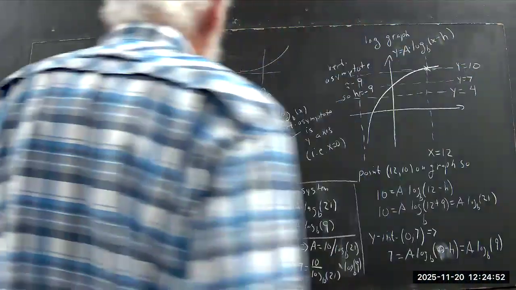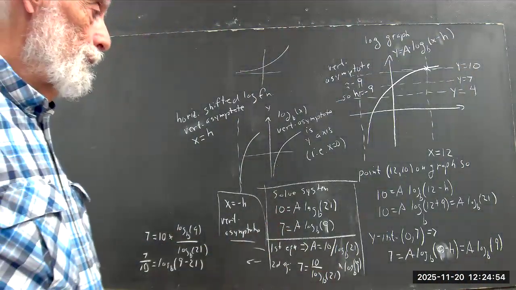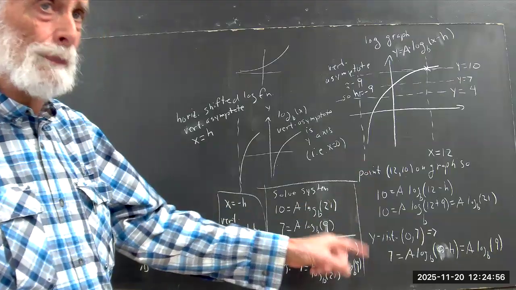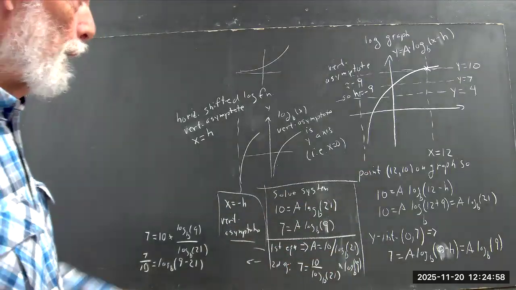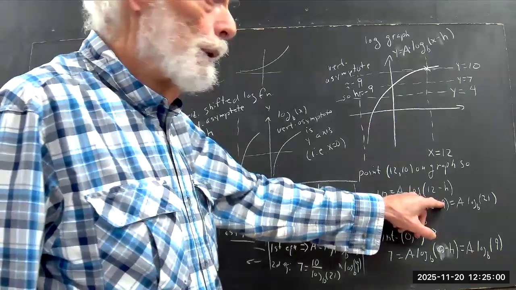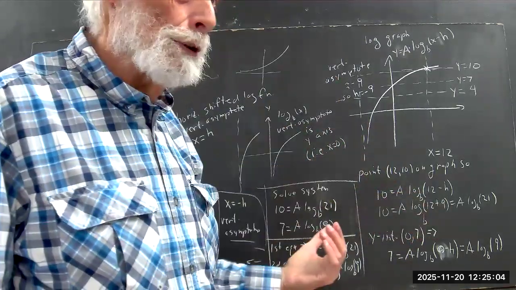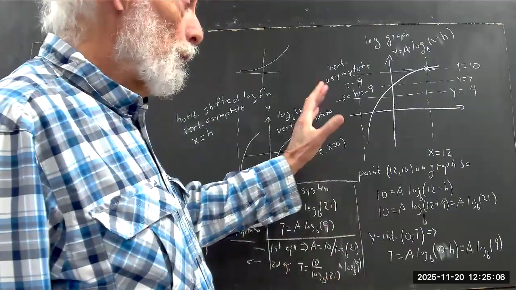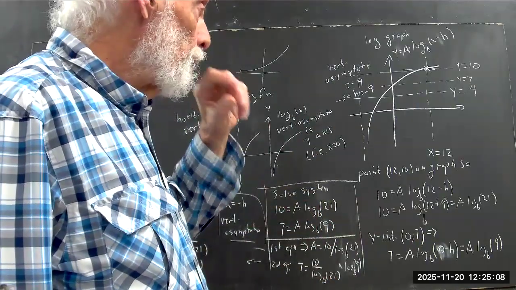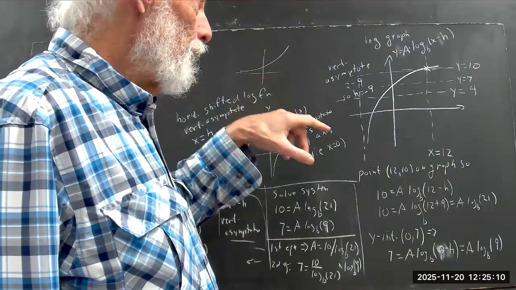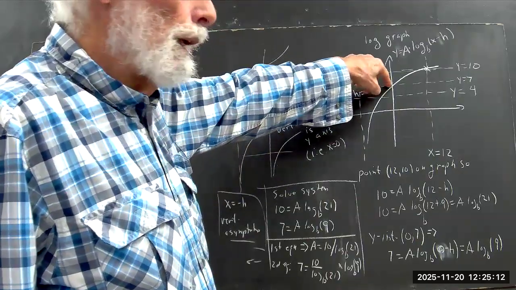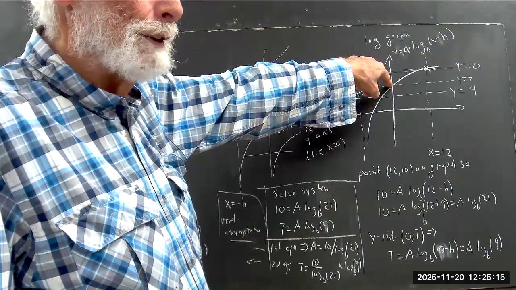Unfortunately, my brain is in a bad loop here and something isn't right, but this procedure is what you want to do. Identify a point, get an equation. Identify your y-intercept, get your horizontal shift for a logarithmic function. And then generally you want to use your y-axis because it's pretty easy, okay?